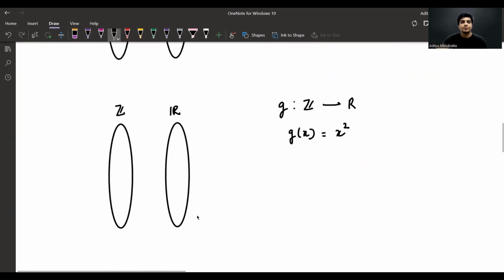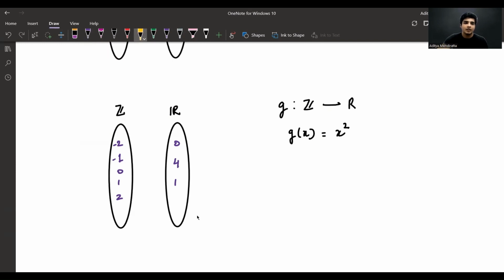So if I take different integers, 0, -1, -2, 1, 2, I will have an element in R which can be related to these elements of Z. So that would be 0, 4, and 1.